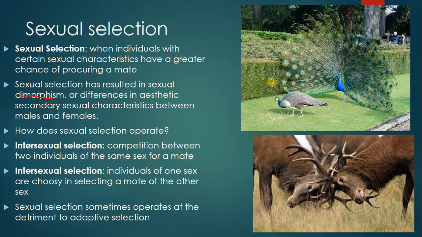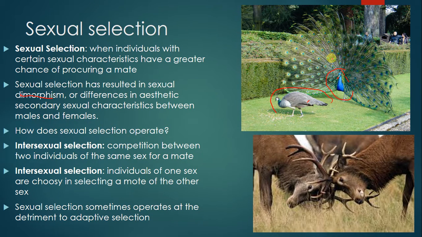Like the female peacocks look for the best feather display of the males and choose mates based on that. What's important to know is sexual selection can sometimes operate at the detriment of adaptive selection. So because of this female preference for large showy feathers in male peacocks, they will start to evolve, or may start to evolve, bigger and more elaborate feathers.